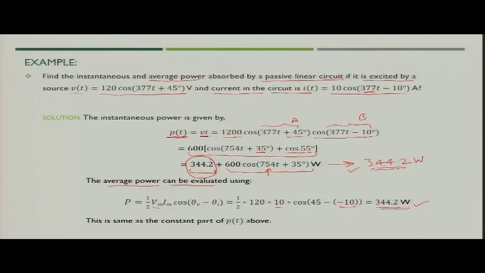With this we finish today's class. In the next class we will discuss one of the most important terms, RMS values, because whenever you analyze an electrical circuit, Vm and Im are represented in terms of RMS values. In a real scenario you will never get peak values as given in the equation; you will always encounter the RMS value.